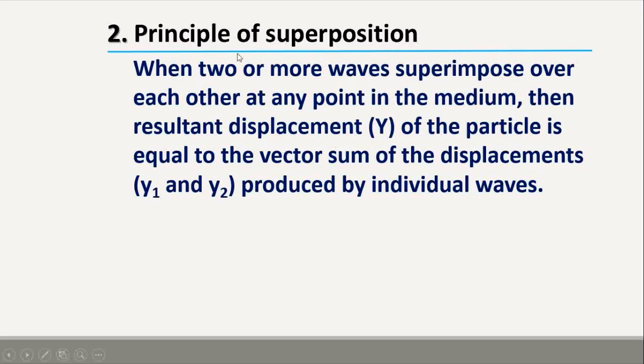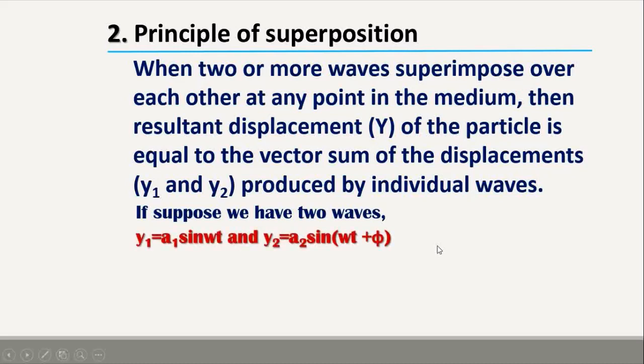So according to the principle of superposition, if y1 and y2 are the displacements produced by two different waves, when they superimpose at one particular point, y1 can be expressed as a function of sine, or you can express it as a function of cos also.